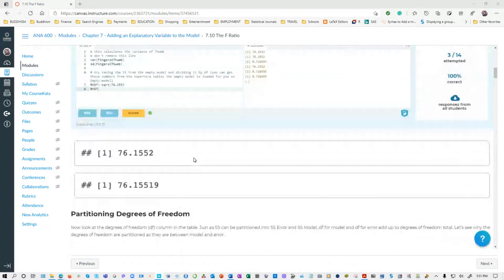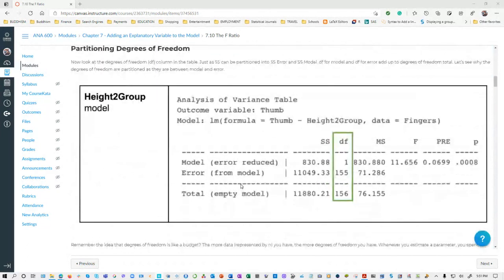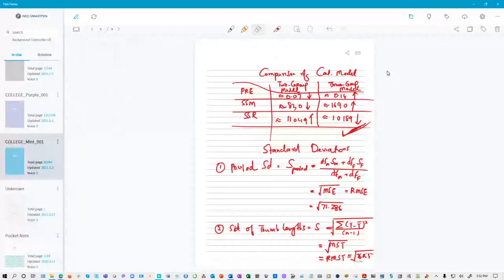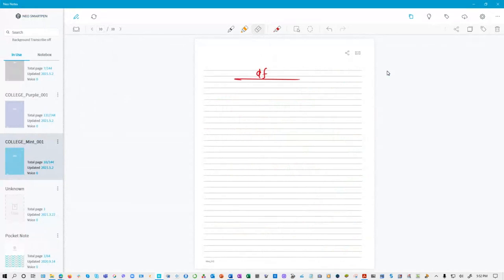Then partition in degrees of freedom. You can remember how they partition the degrees of freedom very easily. We had a setup. I'm going to focus only on the degrees of freedom. This is my model. This is my error. This is my total.